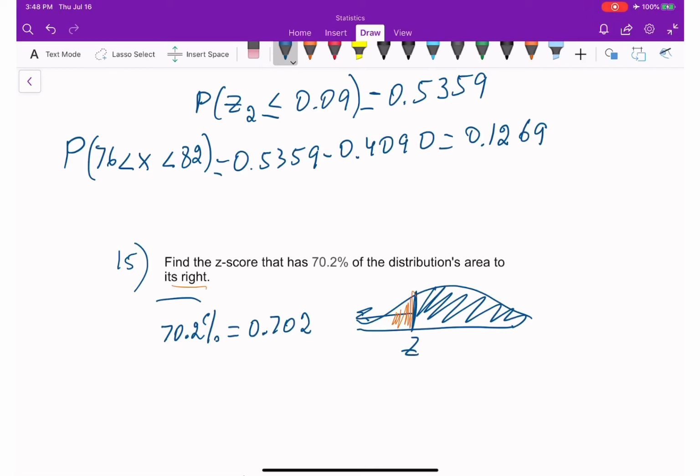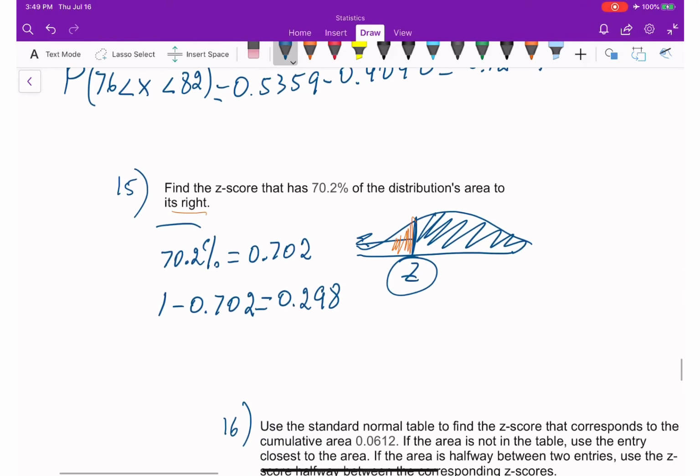If you take the area to the left, it still will show the z-score that is the limit bordering the area to the right also. Oh yeah, I haven't subtracted. I mentioned it and didn't subtract. 1 minus 0.702 is equal to 0.298.